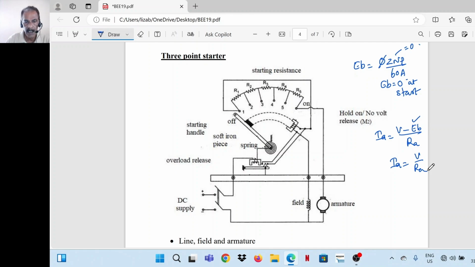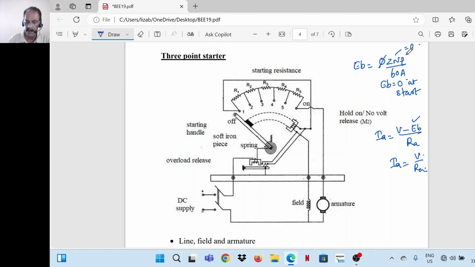If we take a small motor, say 220 volt motor, 5 HP or something, armature resistance will be somewhere around 1 ohm or less than 1 ohm. 220 divided by 1, so armature current will be 220 ampere, which is a very high value of current.